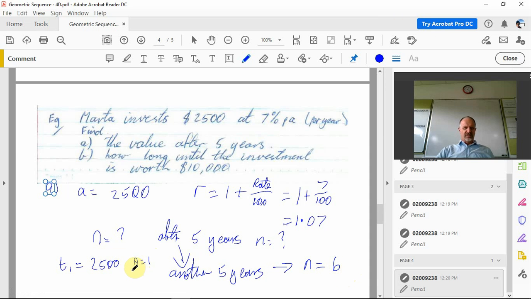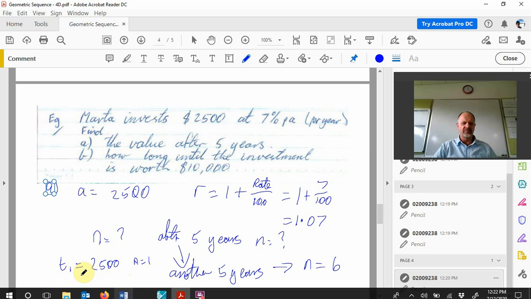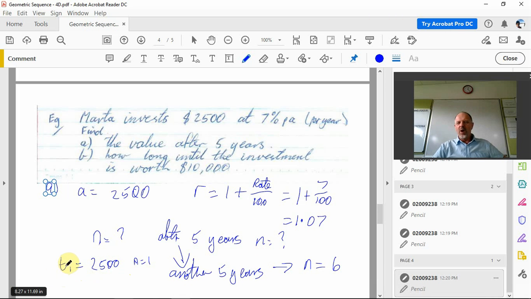All right, so it's a kind of a bit of a weird way of doing it, but with the way that it's set up, that's how we have to do it, is by term 1 being the start, so time equals 0 is term 1, then another 5 years, so N equals 1 plus 5 is 6.